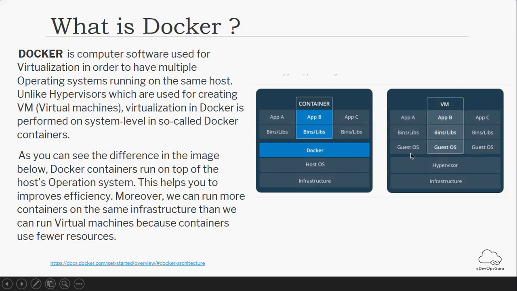So normally you have an infrastructure, on top of that you have a hypervisor, and on top of the hypervisor you could install multiple operating systems. Just like when you use a virtual machine or Oracle VirtualBox on your desktop, it provides you an operating system environment where you can run your operating system. For example, you have a Windows machine.